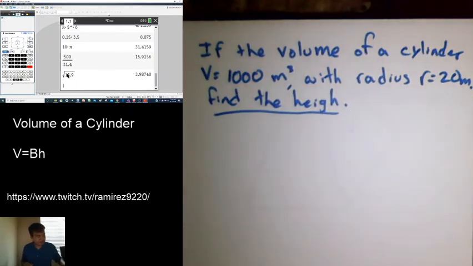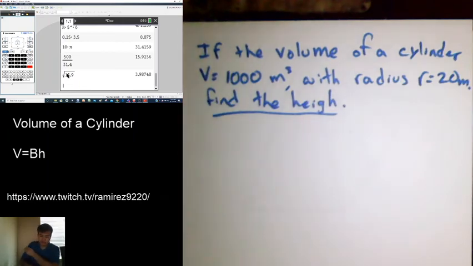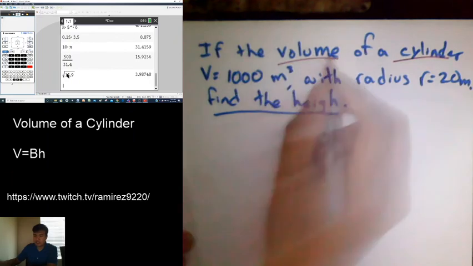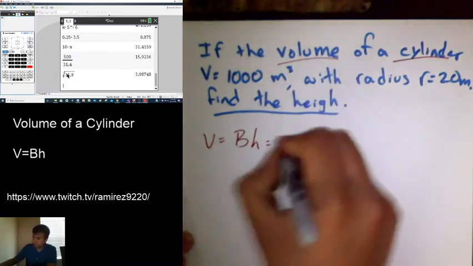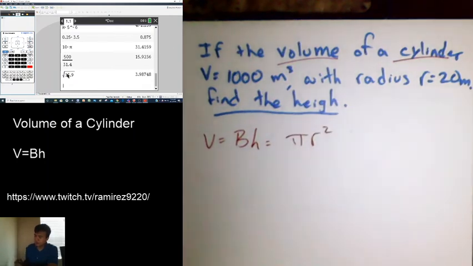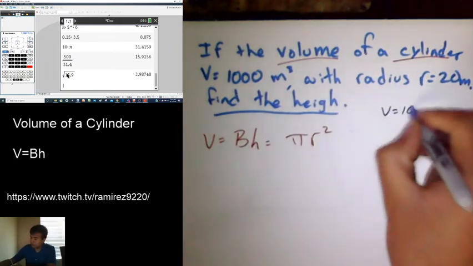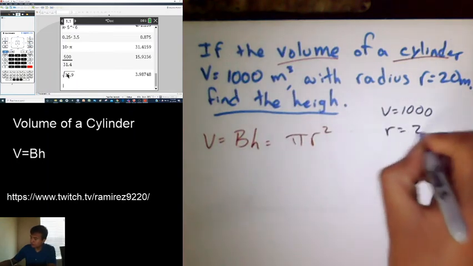Now what if you have to find the height? Well, this one's a lot easier. You don't even need to draw a picture, guys. Right off the bat, they're telling us this is a cylinder. Because it's a cylinder and we're talking about volume, you write down the formula. Now we substitute everything we know. They're telling us the volume is 1,000 meters cubed and the radius is 20 meters.